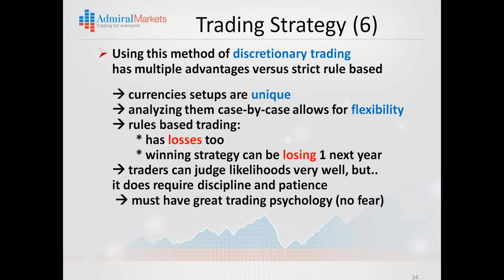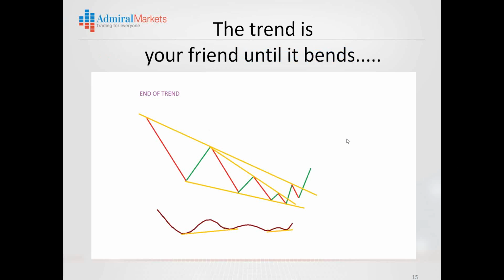But I don't think it's doable for the average trader, in my opinion. I think in that regard we can increase our statistical edge by judging the likelihood of a trade materializing ourselves. All right, but it does require discipline and patience. All right, so let's move on.